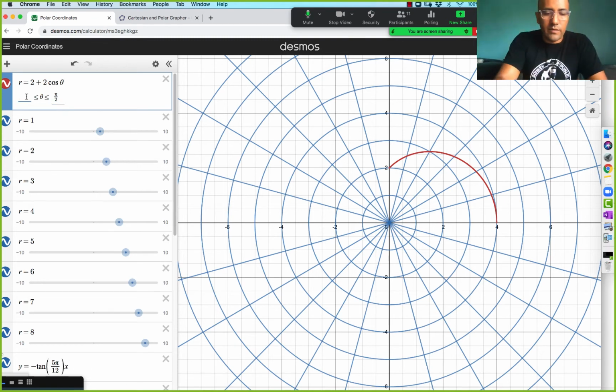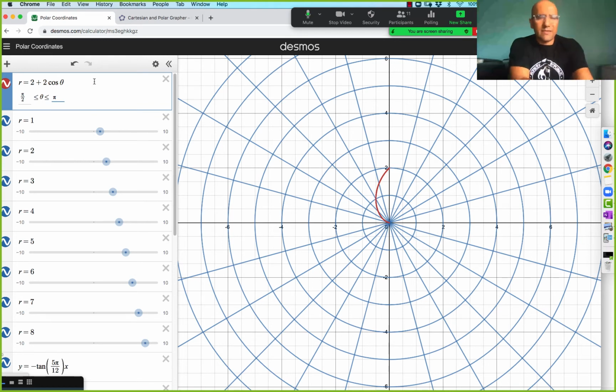And we can get that this one, from pi over 2 to pi, is the part that gets graphed from pi over 2 to pi. Okay, well, I mean, it's pretty much giving you the same thing as before, huh?